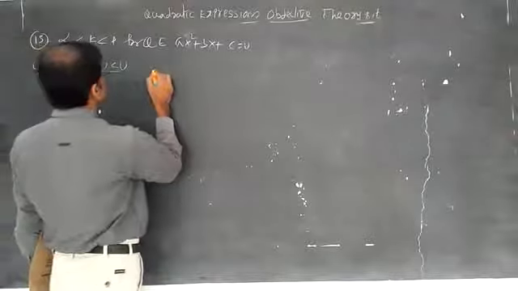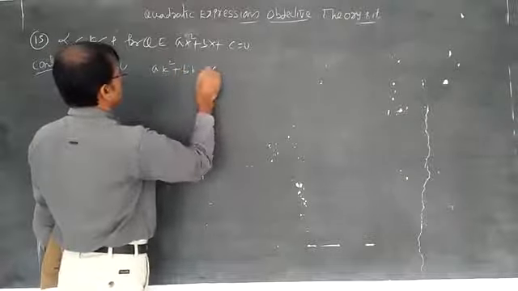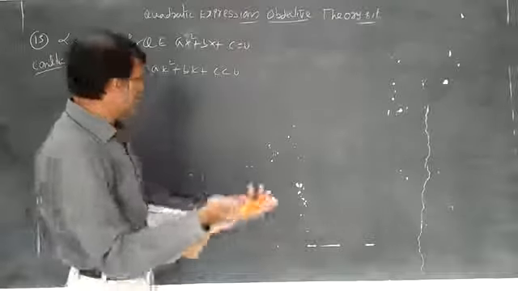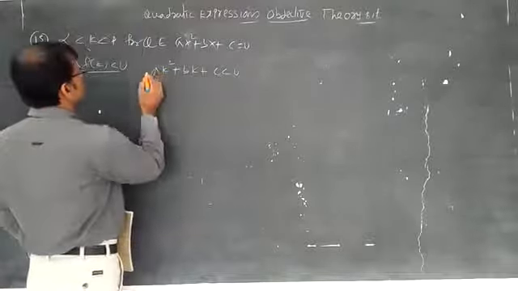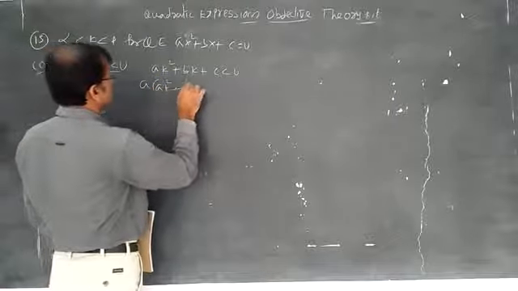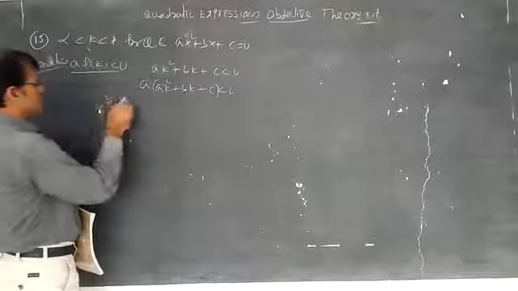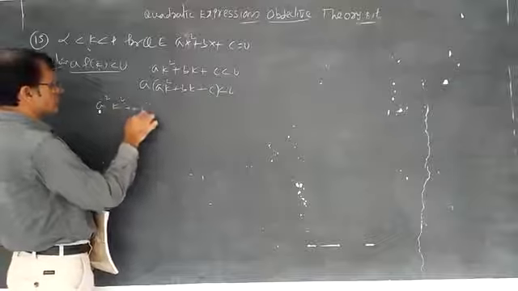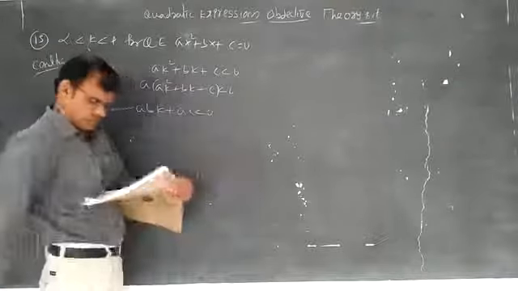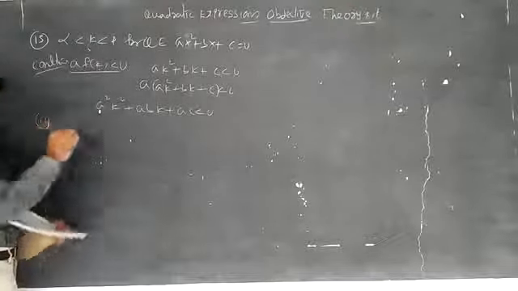Substituting, a into (ak square plus bk plus c) less than 0. Multiplying, a square k square plus abk plus ac less than 0. Option 4 is correct. Next is 16th question.